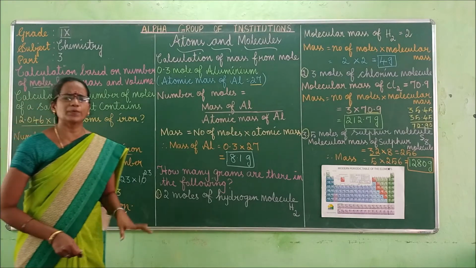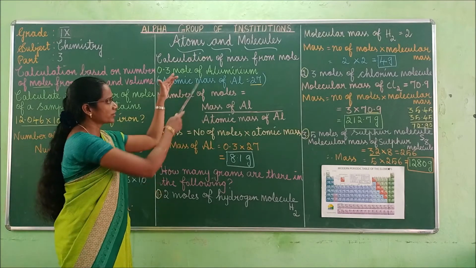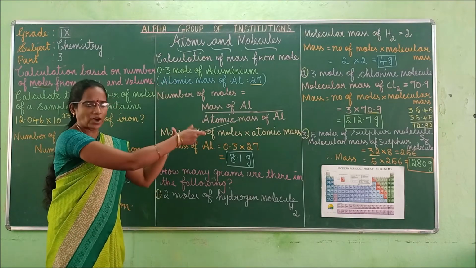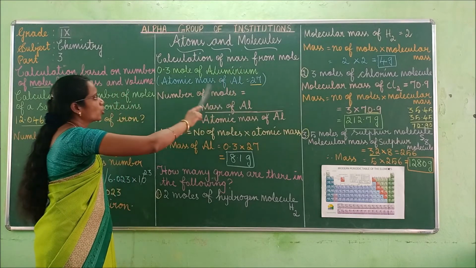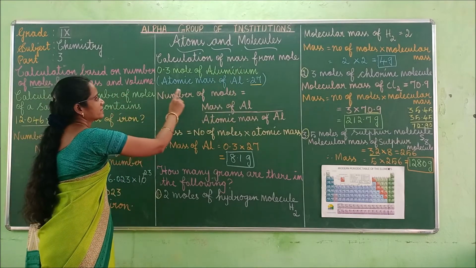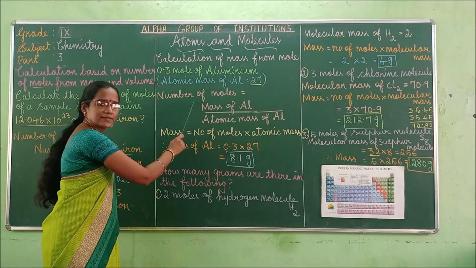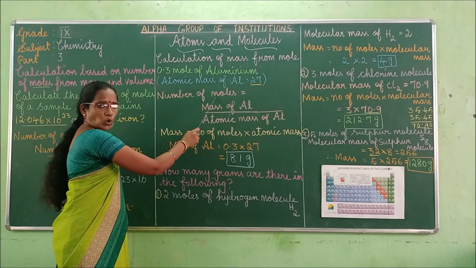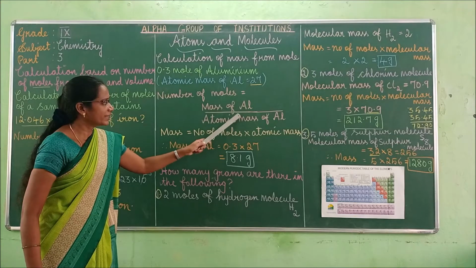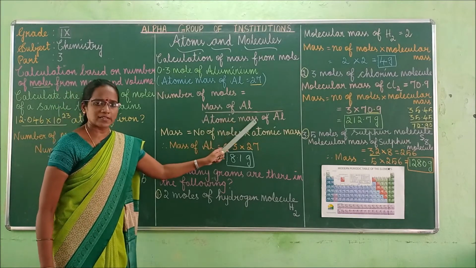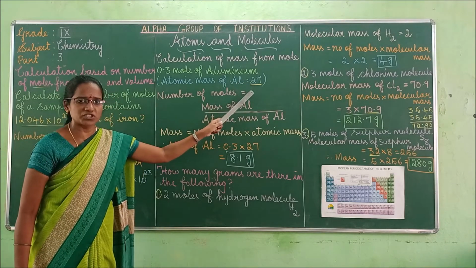For each and every problem, different formulas will come. Based on the question, you have to frame the formula. Here, what they have asked: calculation of mass from mole. Mole is given. From this, you have to calculate the mass. For that, you have to apply this formula. Number of moles is equal to mass of aluminium divided by atomic mass of aluminium. Because the aluminium element is given in the question, isn't it?